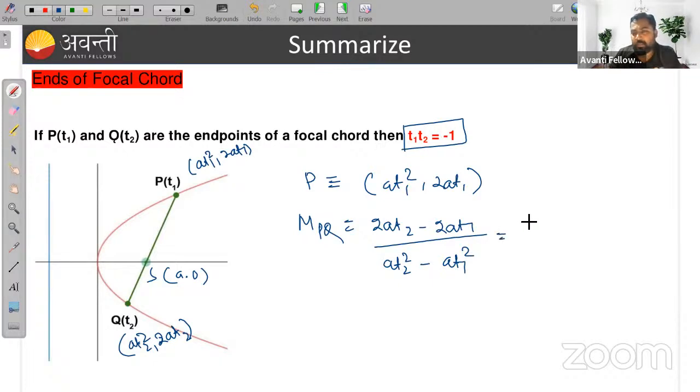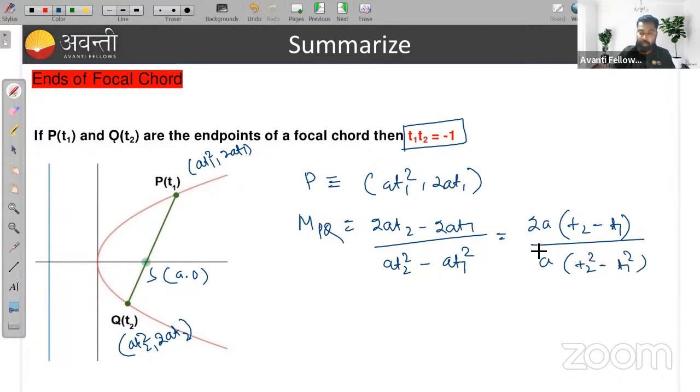In the numerator you can take 2a as common, then you will have t2 minus t1, upon, if I take a common in the denominator, t2 square minus t1 square. Now a will be cancelled out.